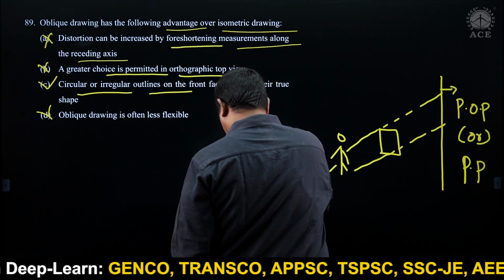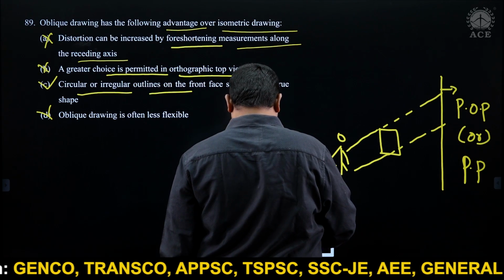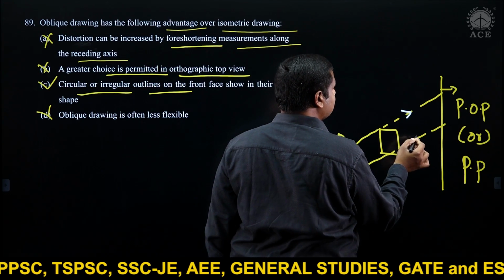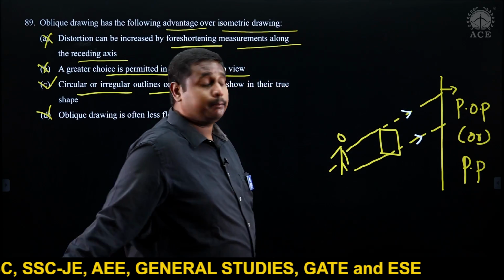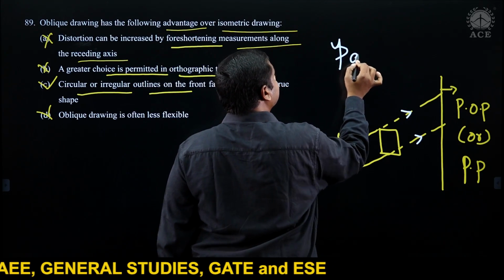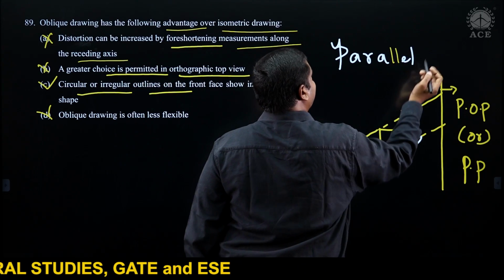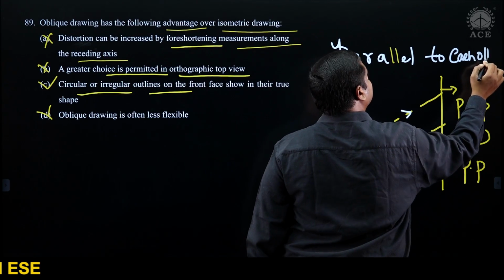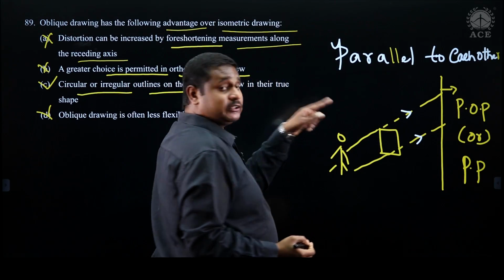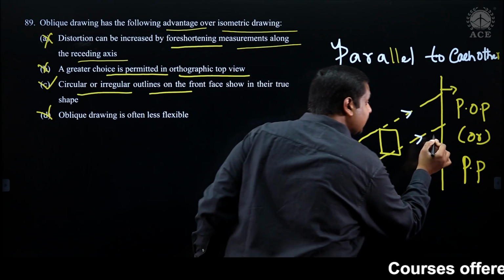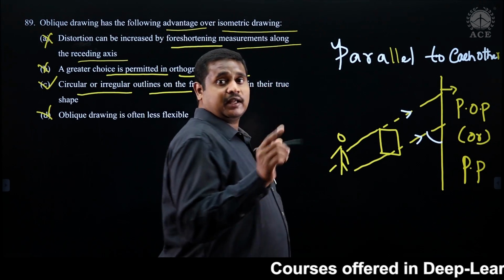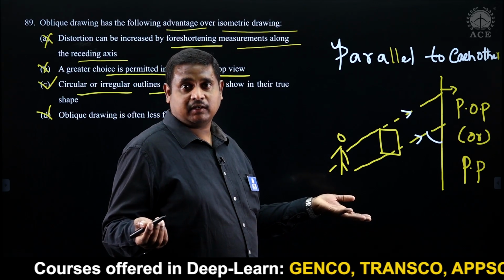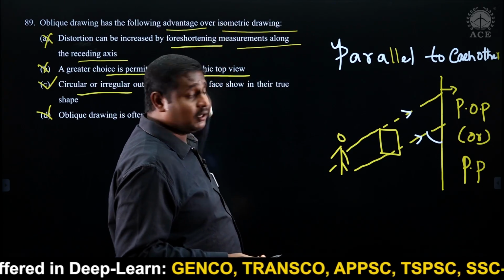So here the rays are exactly parallel to each other. But they are not perpendicular, my dears. They are making an angle, which is less than orthographic. Orthographic means it is 90 degrees.